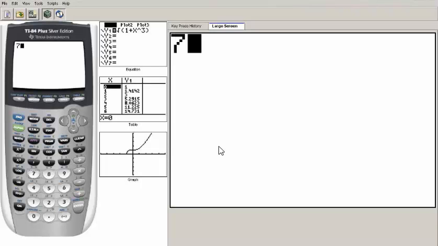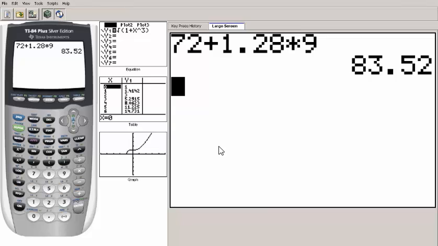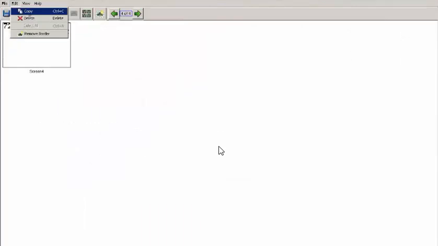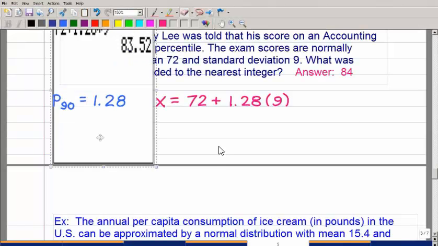My answer key says that it's 84, but we'll verify that. Plus 1.28 times 9. Looks like that's about right, doesn't it? Yep.